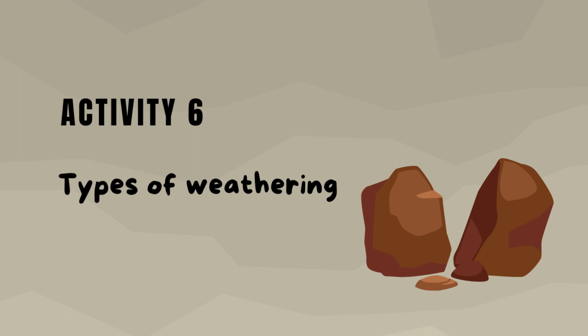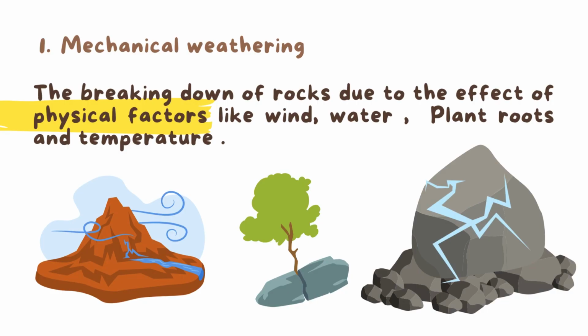We call the breaking down of rocks due to the effects of physical factors... What is the meaning of physical factors? Factors that are in nature, like wind, water, temperature, as we said, and plant roots. The plant roots can cause weathering.